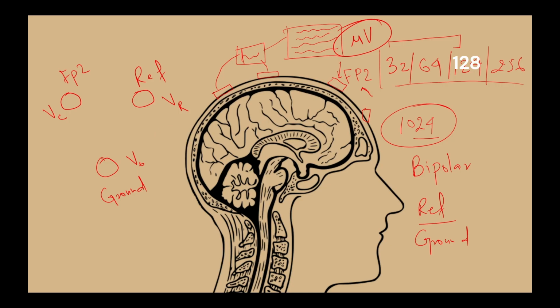So V reference with respect to ground, and VC with respect to ground. Then we take the difference of these. It's a kind of bipolar system. So what we are measuring at the FP2 channel is the potential difference. Okay, let's not make it complicated and move on.